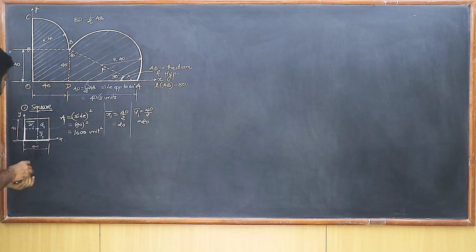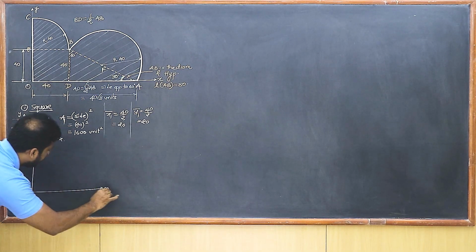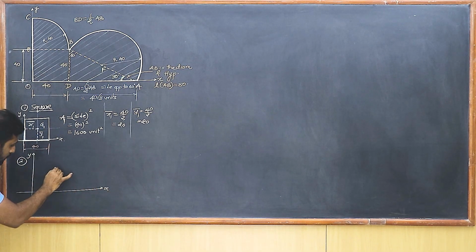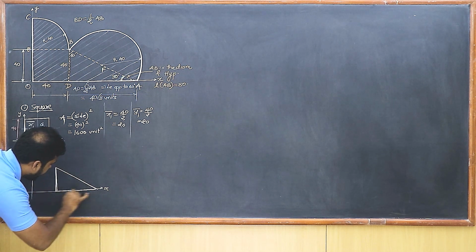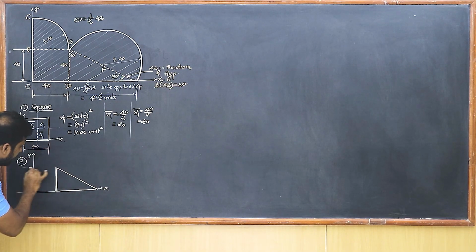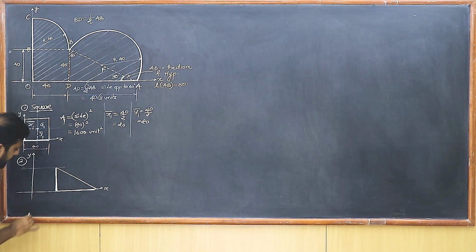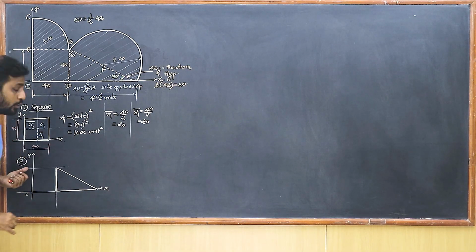So let's draw the second standard shape, that is a right angled triangle. So I'm going to take a right angle triangle over here. So that's x-axis, that's y-axis. So let us take a right angled triangle over here. So this is the right angle triangle, isn't it? Now tell me, what are the dimensions of this right angle triangle? Then you tell where it is placed with respect to the y-axis.